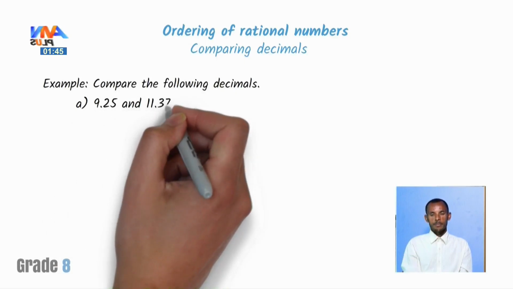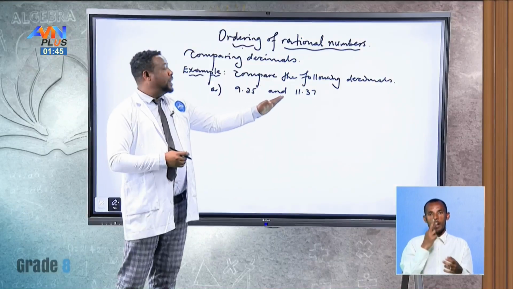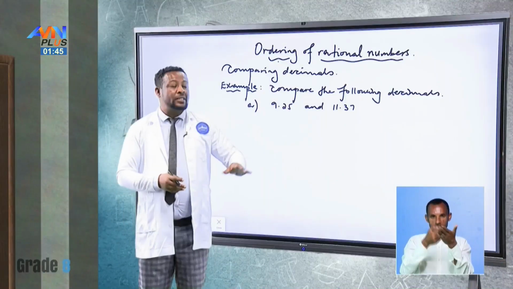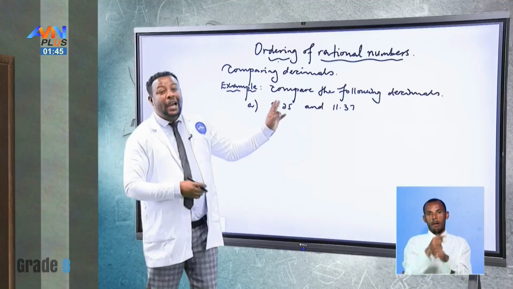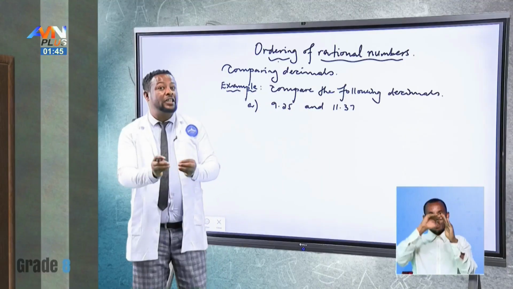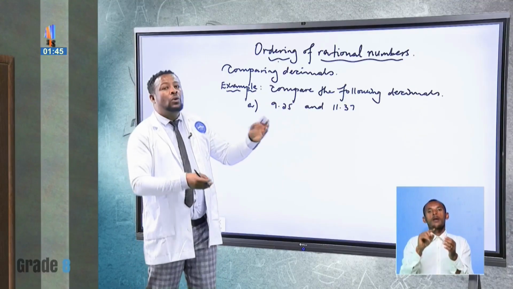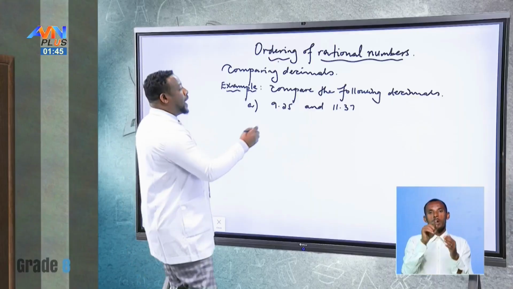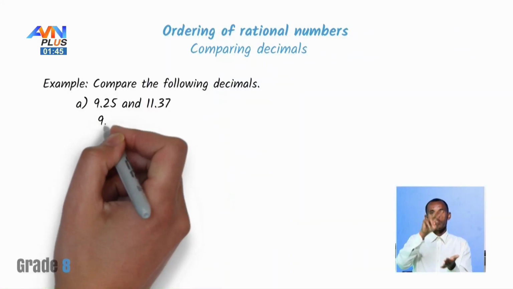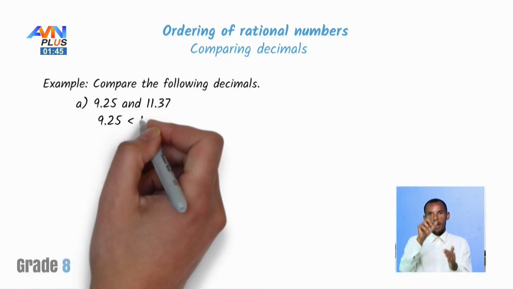If we are asked to compare these decimals, definitely 9 is less than 11. Their integer part is less. So you can write 9.25 is less than 11.37.